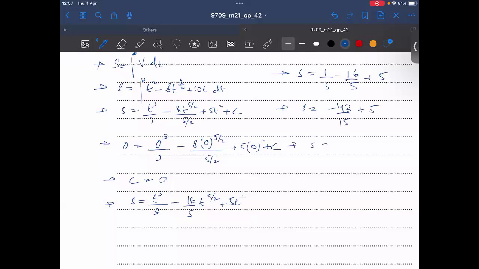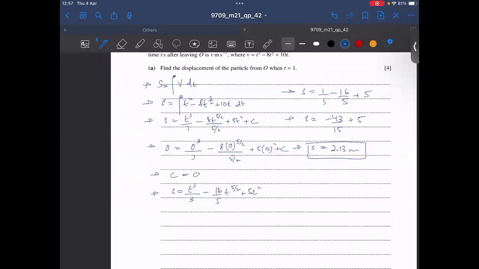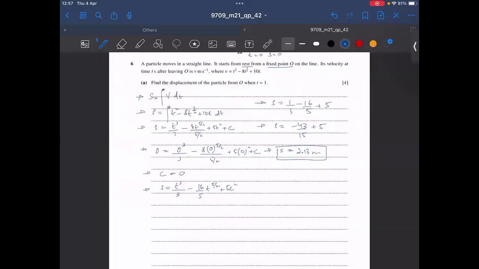So S is going to be 75 minus 43, which is 32 over 15, that is 2.13 meters. Is that clear or not, everyone? Yes, sir. Is this the correct answer? Yes, sir. Okay.